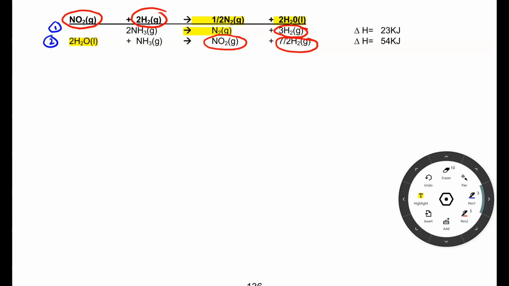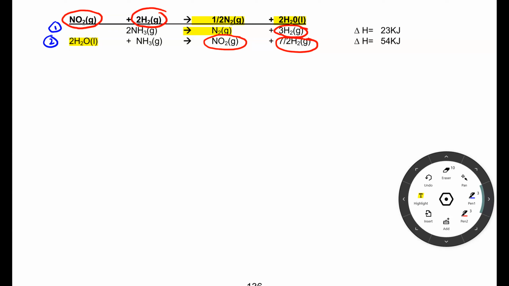Now the question is, do I use the nitrogen or do I use the hydrogen? The answer is I'm going to use the nitrogen, because nitrogen only appears in one spot in all of my working equations 1 and 2. So I'm saying, okay, I need nitrogen to match the target.